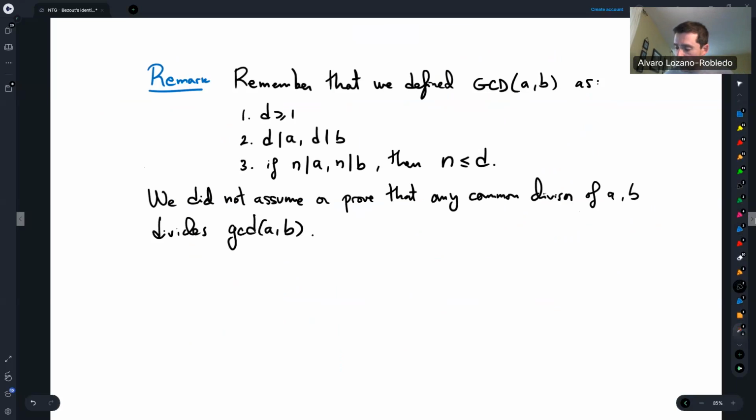You see, in the definition, it just says that d is the greatest. It's something about size. It's the greatest common divisor, but it doesn't say that n actually has to divide that divisor. That happens, of course. Let's see an example. What's a good example?